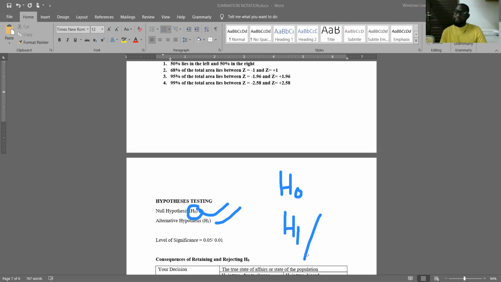So me stating that their performance will be the same is more or less like me using the technical aspect: there is no significant difference. When I say there's no significant difference, it means there will be no difference between the two groups, so they will be the same.